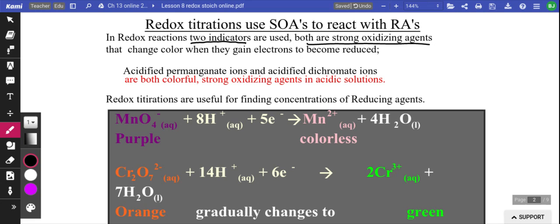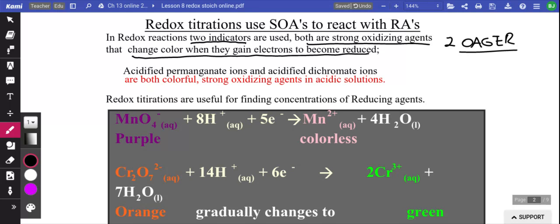So there are two strong oxidizing agents that act as indicators. In other words, they change color when they gain electrons and become reduced. So we have two oxidizing agents that do this really well.